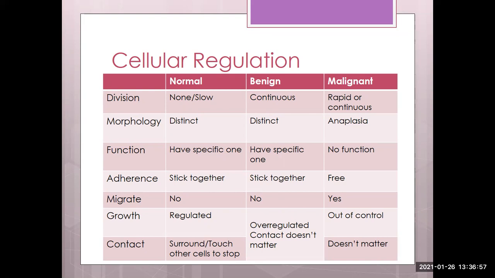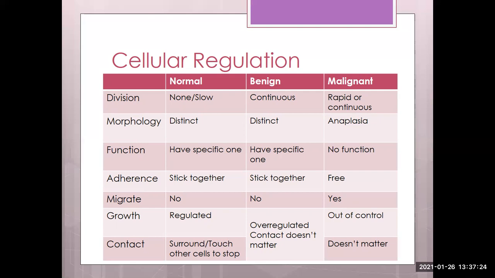Different aspects of cellular regulation that we look at are the division of the cells. A normal cell either doesn't divide, depending on the type of cell that it is, or it divides slowly at a regulated pace like it should for whatever its function is within the body. It's going to vary based on the type of cell that it is, but it has a process of cell division.